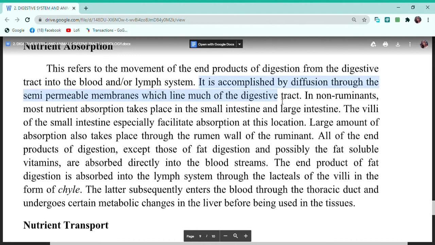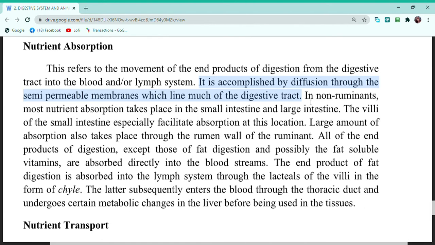And most of the absorption takes place in the small intestine. And in non-ruminants, most nutrient absorption takes place again in the small intestines and little only doon sa large intestine. So the large amount of absorption takes place in the rumen wall of the ruminant.